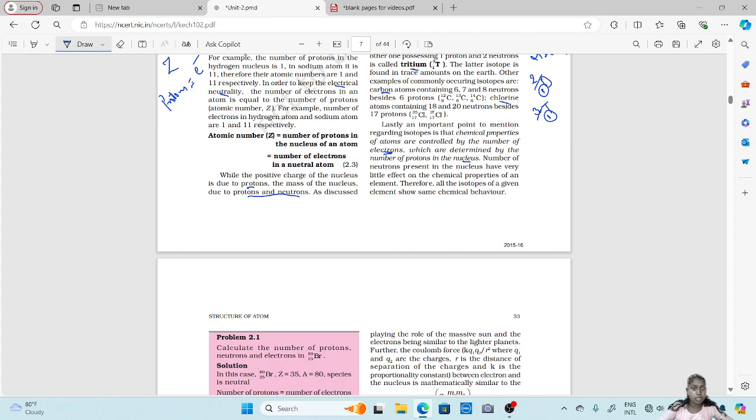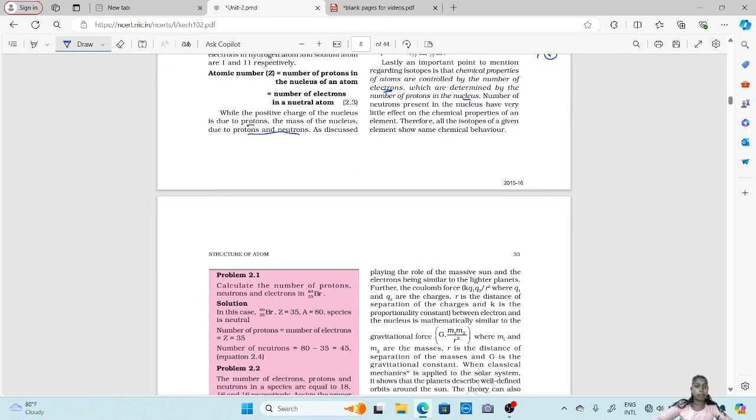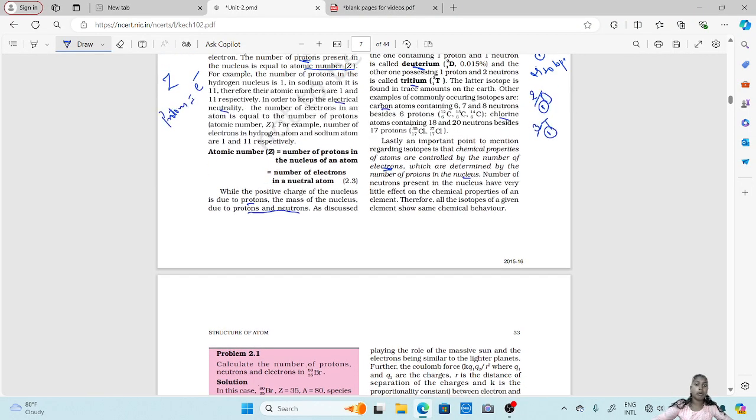Therefore, all the isotopes of a given element show the same chemical behavior. They will have different mass numbers, but their chemical properties will remain the same.